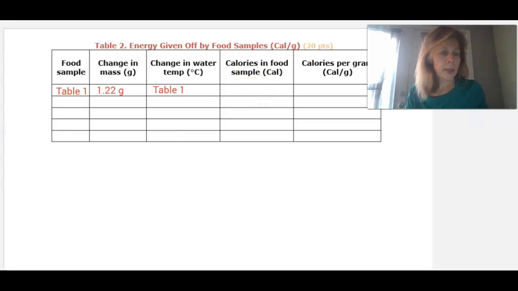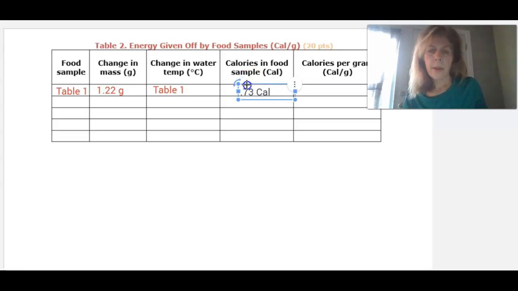So we just calculated this to be 0.73. Okay, and that's big C, food calorie, also known as kilocalorie. Okay, so big C.